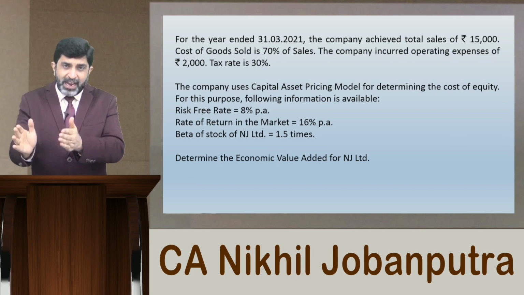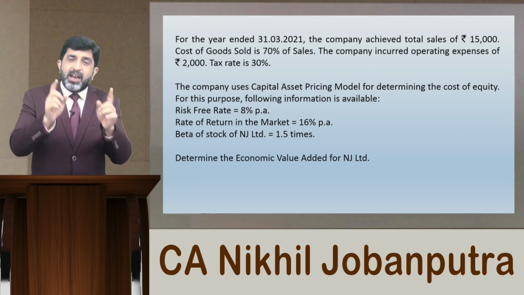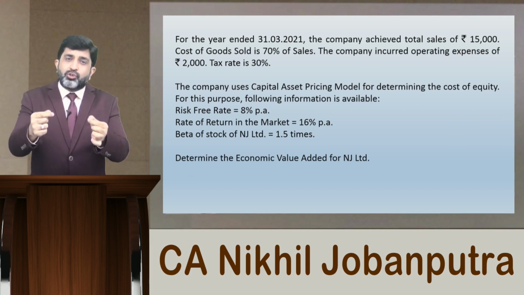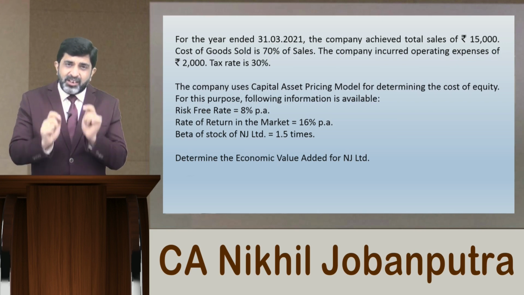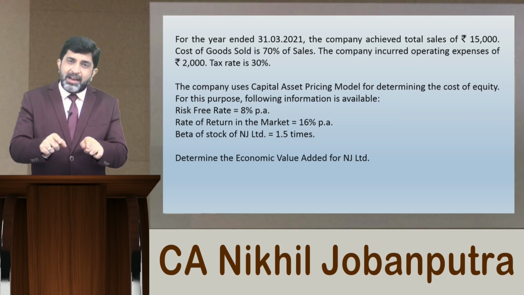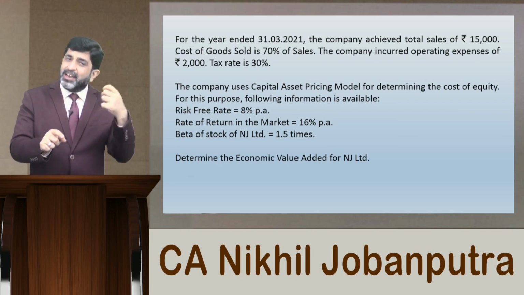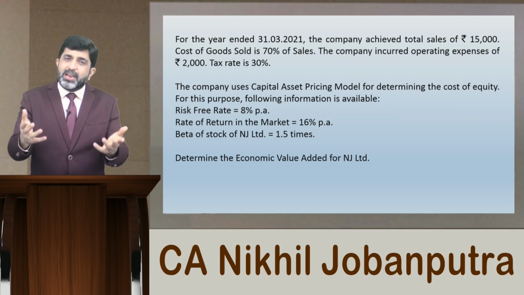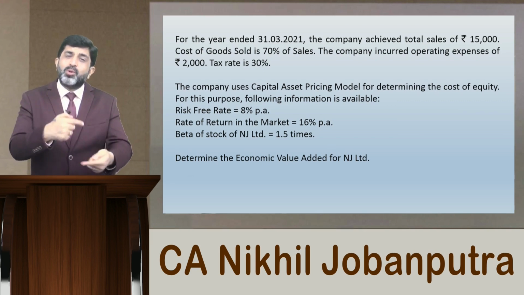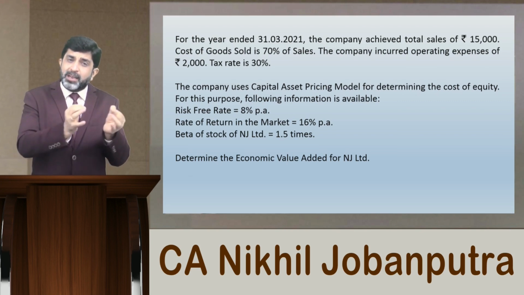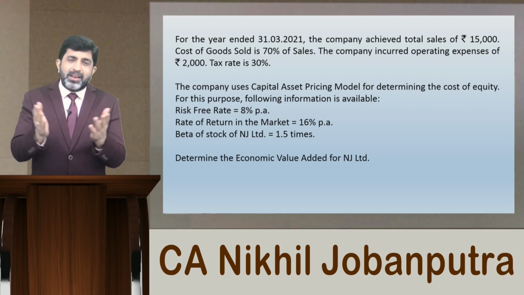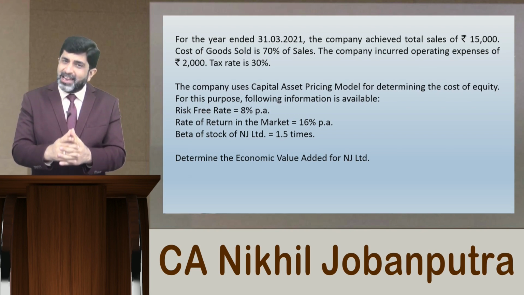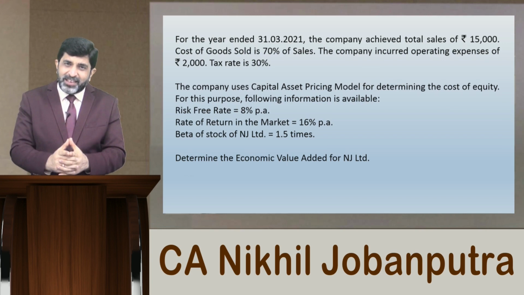So you compute KD, you compute KE, and then the weighted average cost of capital can be easily determined. After you get weighted average cost of capital, apply that on the total capital employed and you get the capital charge, and you would have already worked out the net operating profit after tax. You can easily get the end result in the name of economic value added. So let us see how to write up the solution.